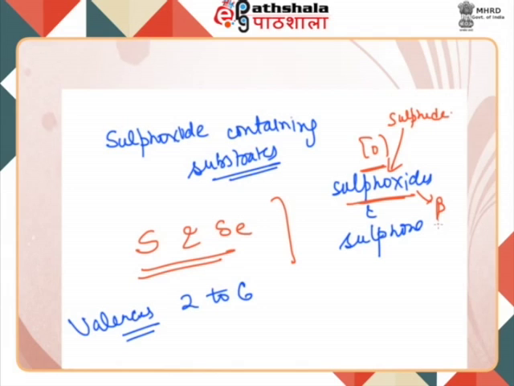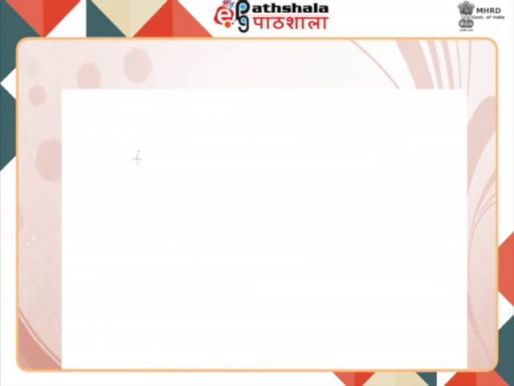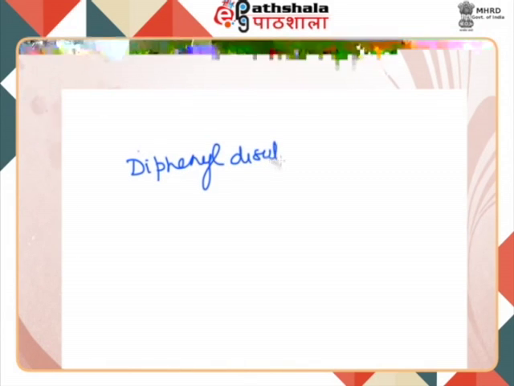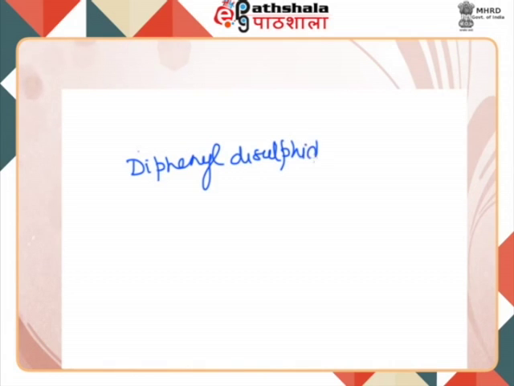This beta hydrogen undergoes syn elimination, that is, the groups have to be on the same side, and that results in an alkene. Talking specifically about diphenyl disulfide, it is used to prepare phenyl alkyl sulfide.